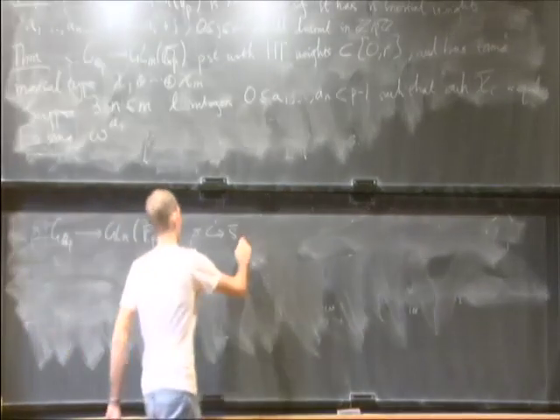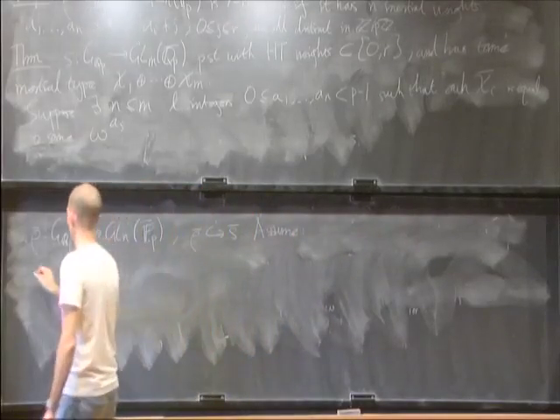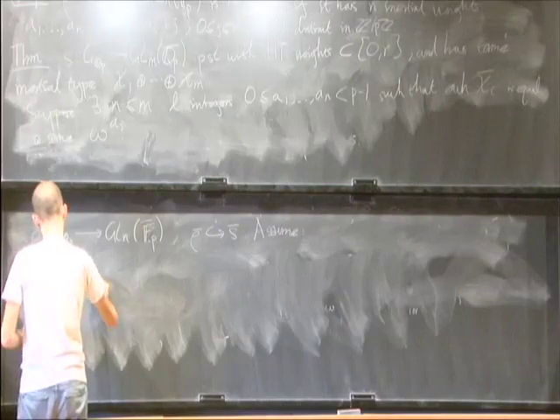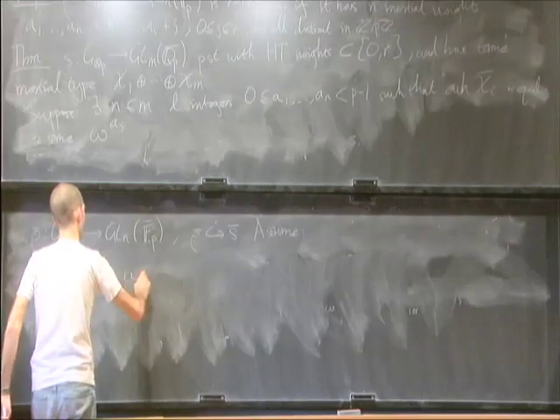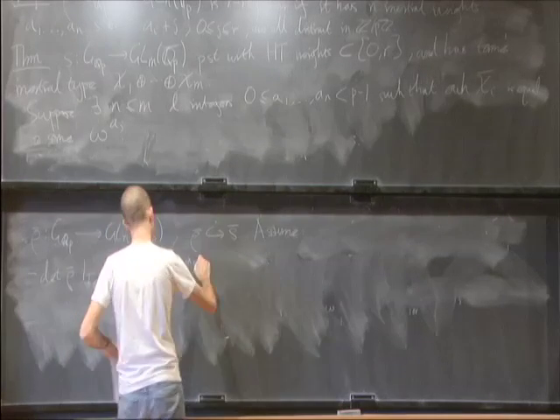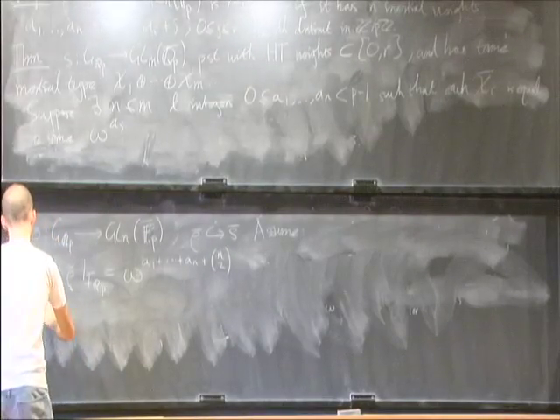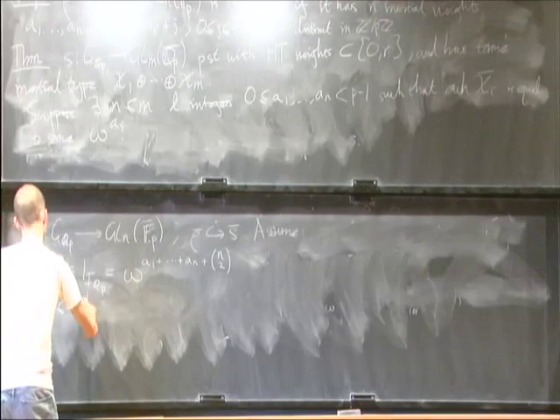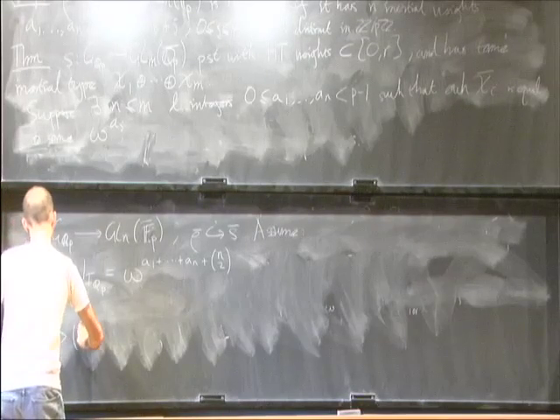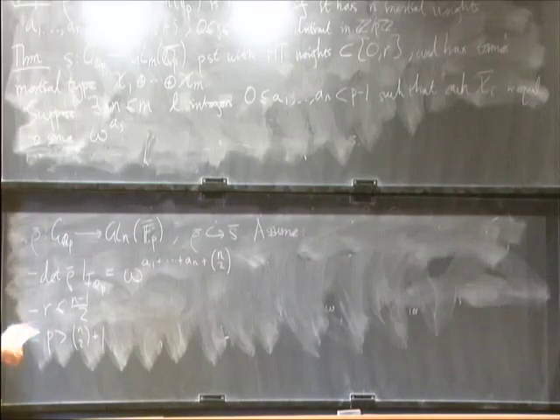And let's assume the following things. Let's assume that the determinant of rho bar restricted to inertia is given by omega to the sum of the a_i's plus n choose 2. Let's assume that r is at most (n minus 1) over 2, and that p is greater than n choose 2 plus 1. So these are some assumptions you can see over there.